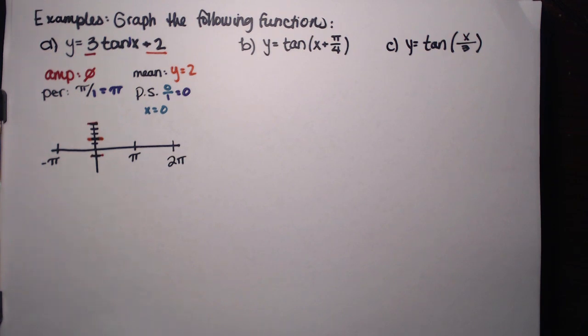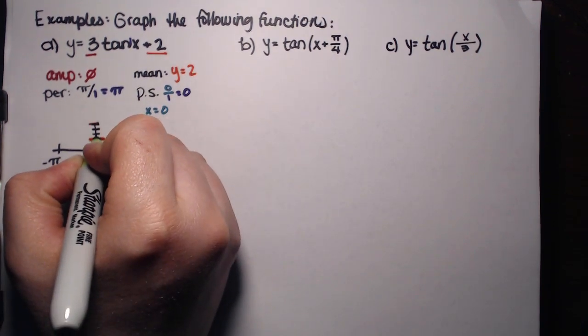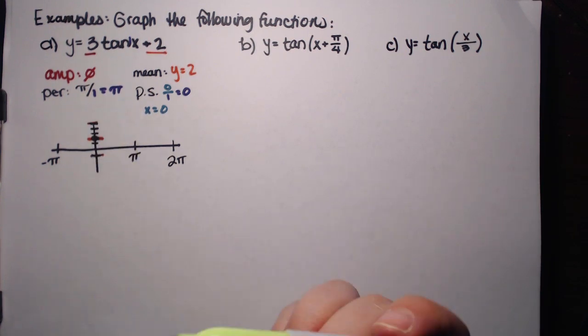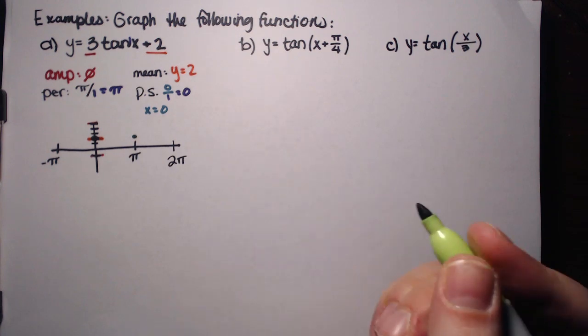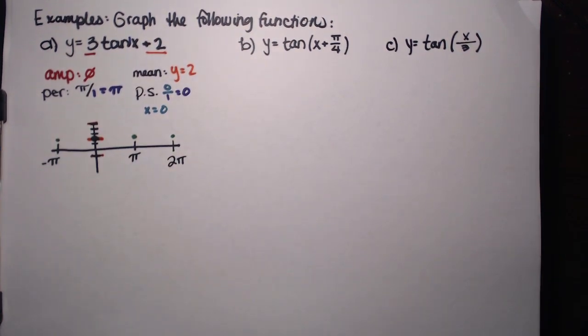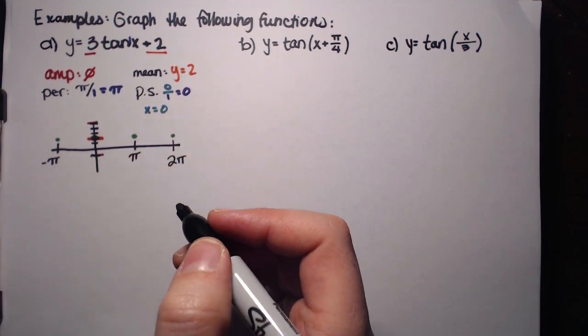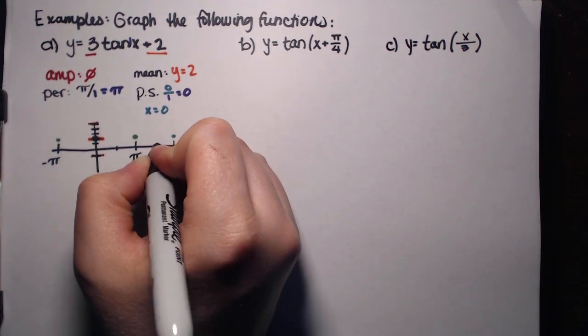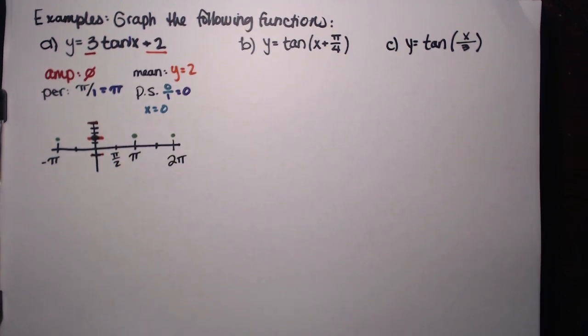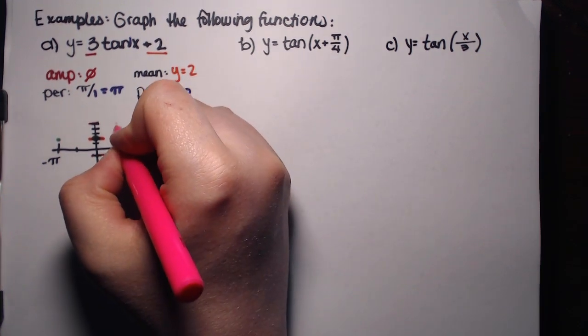What's happening is I'm going to have a dot at x is 0 and at the period and any multiples, so 2 pi, negative pi, and then halfway between that is going to be where I have vertical asymptotes. So in this case it's at pi halves and 3 pi halves and multiples of those that don't reduce down.